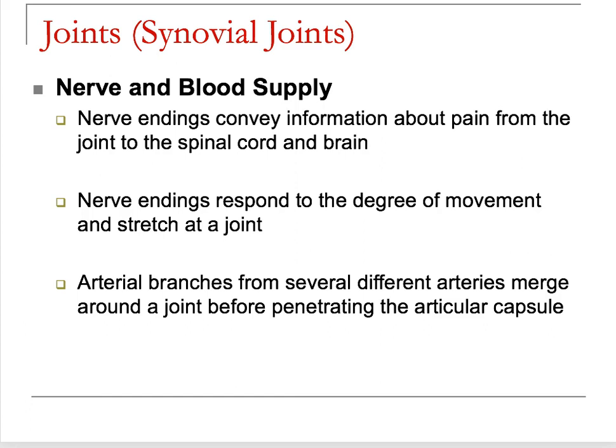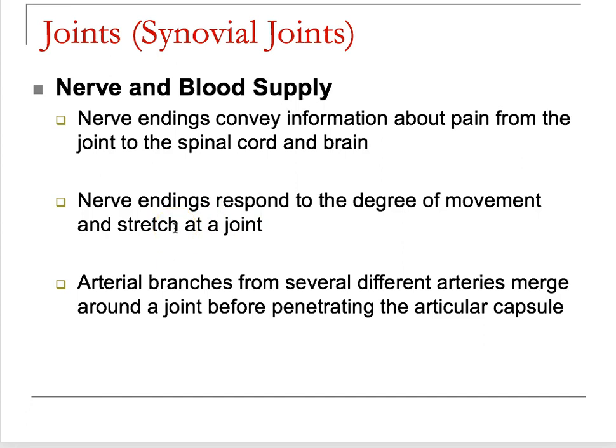Now, all of this inside these synovial joints, there has to be some form of nerve supply, but not actually, how do I say this? Your body knows when there's swelling inside of your joint. Think about the last time you twisted your ankle and you could only move your foot so much and then you could feel pain, right? So there's nerve and blood supply there, but the nerve endings respond to a degree of movement and stretch at a joint.